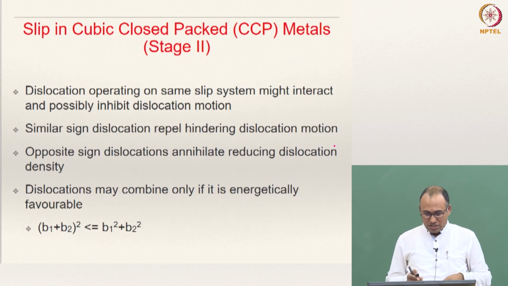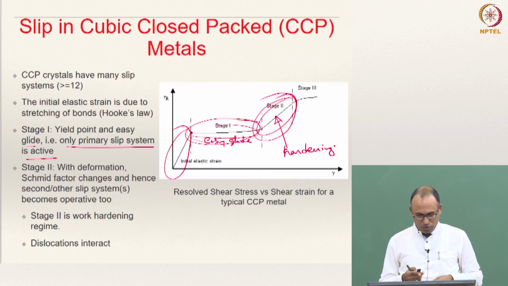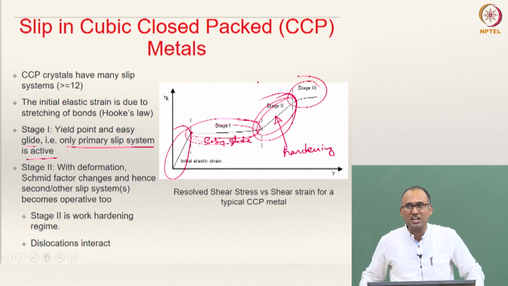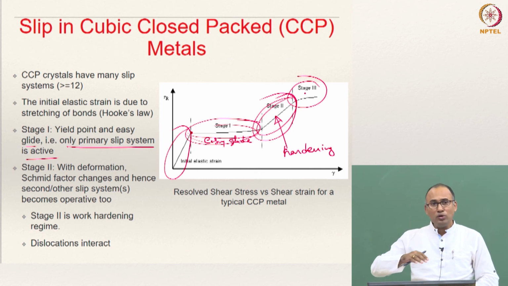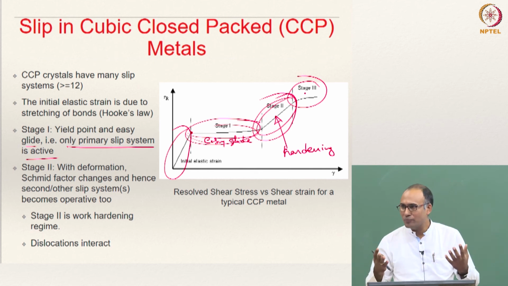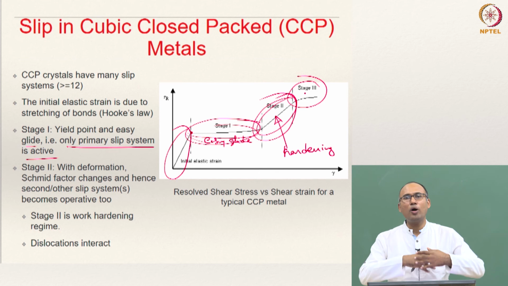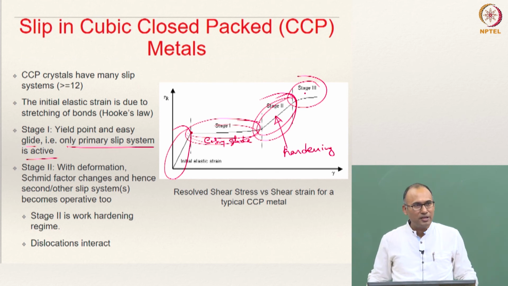And then stage 3, okay, the stage 3 of plastic deformation in a single crystal material is typically the final stage. Here the resolved shear stress is so high that it can overcome all the obstacles.